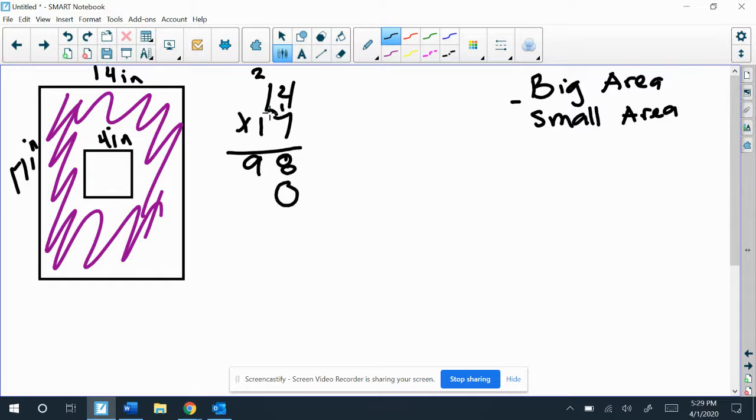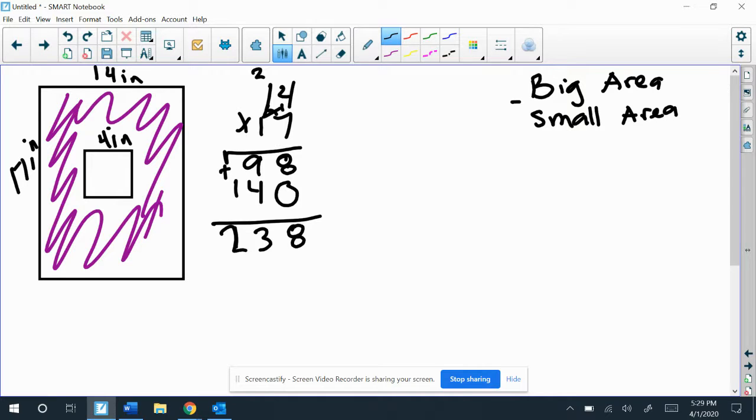Place value 0, crisscross. 1 times 4 is 4. 1 times 1 is 1. Add those up. I get 138. Nope, I forgot. Regroup. 238.